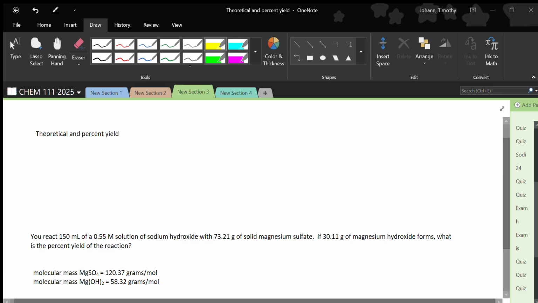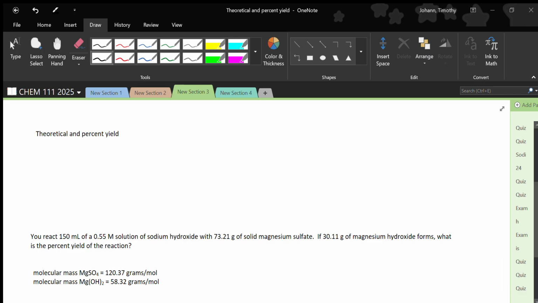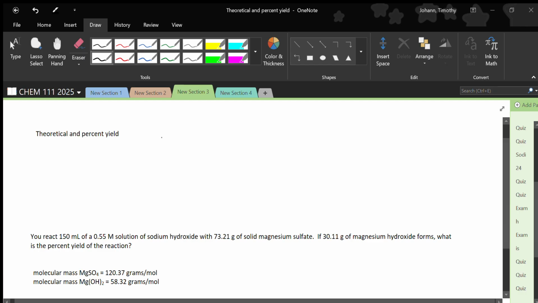If we think about percent yield, that's going to be equal to your actual yield divided by your theoretical yield times 100 to make it into a percent.